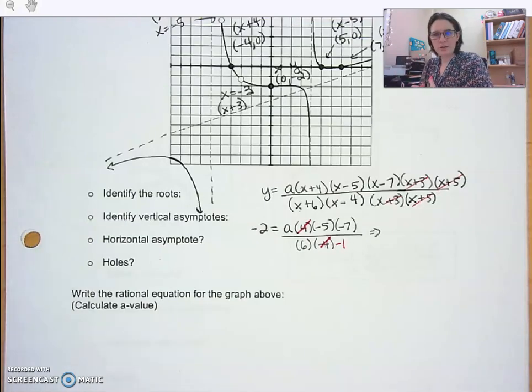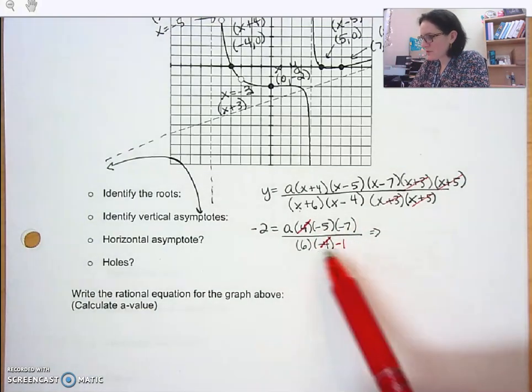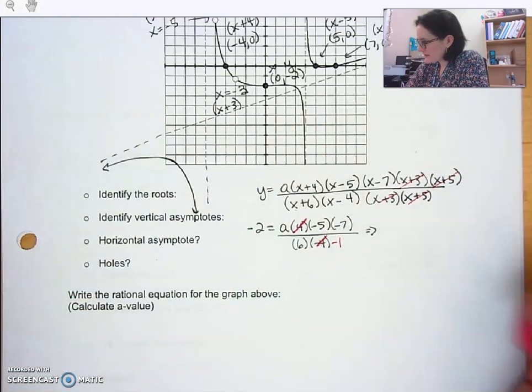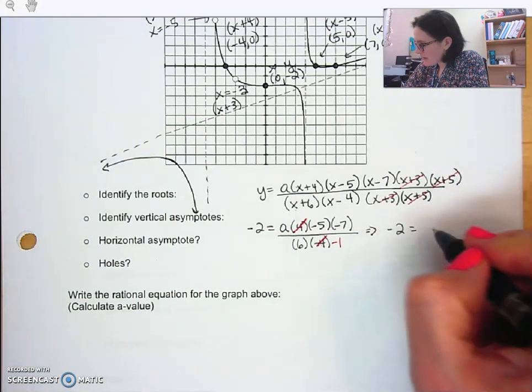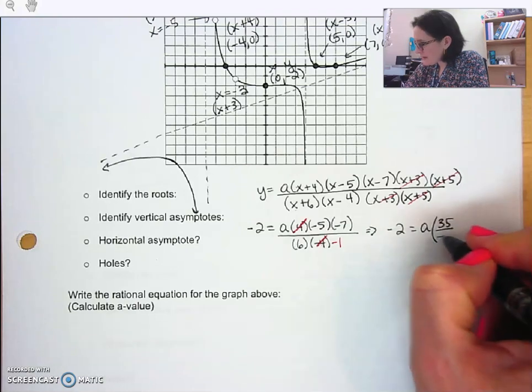So I don't quite remember where it froze, but I have canceled out these 4s. They simplified to -1. So in my next step, I've got -2 equals a times positive 35 over -6.